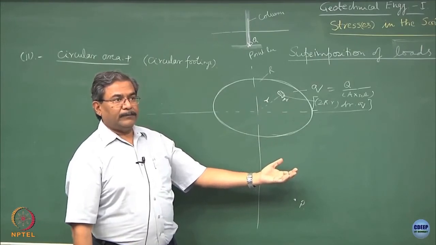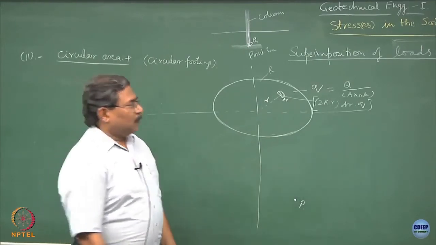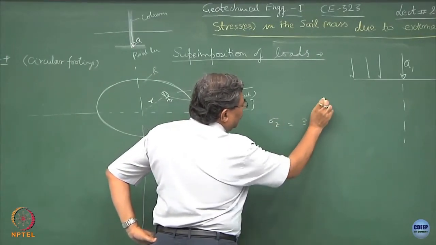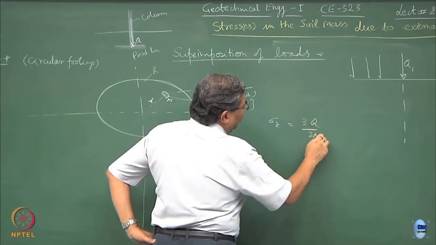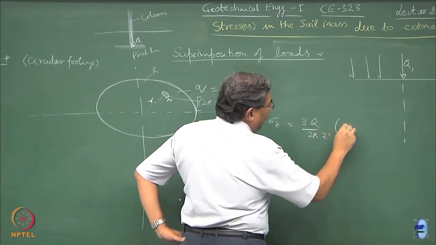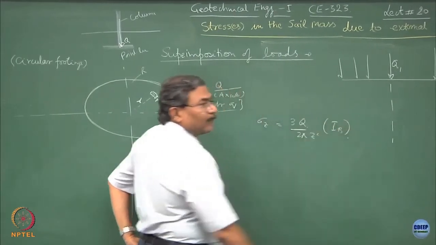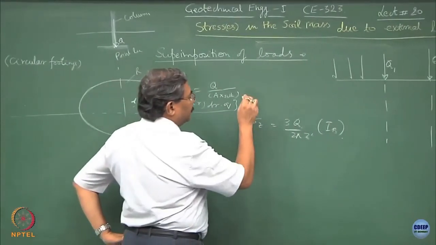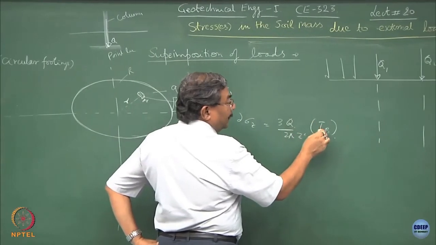Fine, is this okay? So, your function sigma z equal to 3q upon 2 pi z square IB can still be used. I will replace this by del sigma z, and now IB is the tricky term.